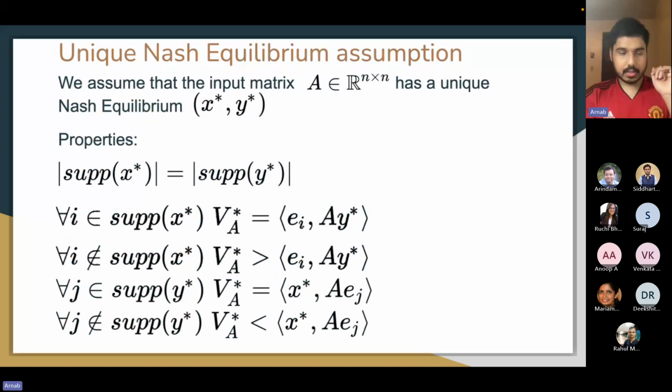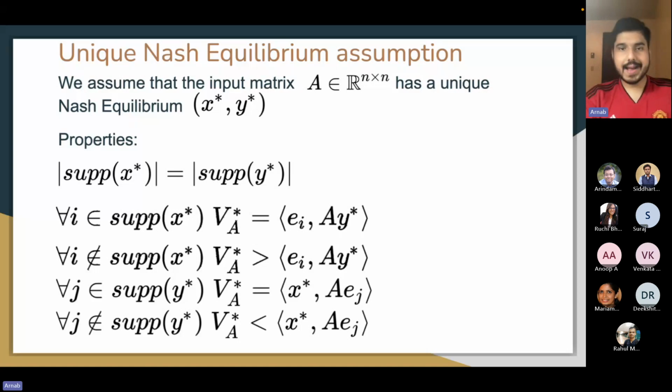The main focus of our talk will be on games with a unique Nash equilibrium. We do have some results for the case when the matrix doesn't have a unique Nash equilibrium, but that is not completely resolved yet.